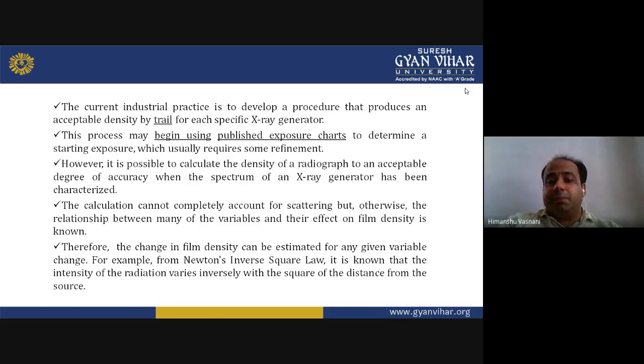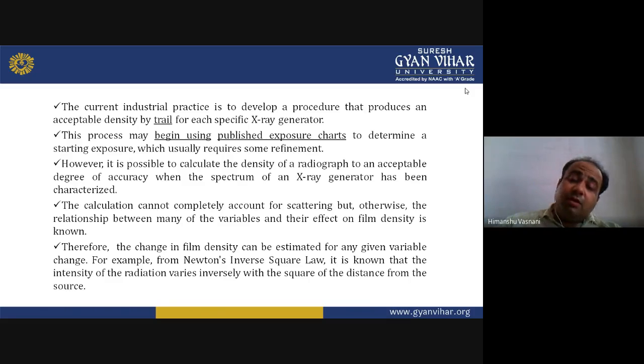These are the parameters available with us, and we have to take care of these also. Therefore, the change in film density can be estimated for any given variable change.